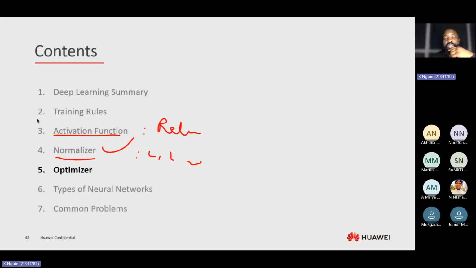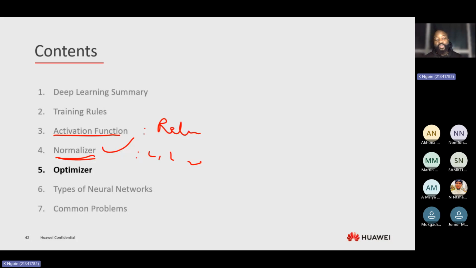What do activation functions do? They introduce a non-linear function into a linear function. They activate all the nodes in a neural network. Normalizers, what do normalizers do? They solve the problem of overfitting by managing all the parameters. How do they manage the parameters?